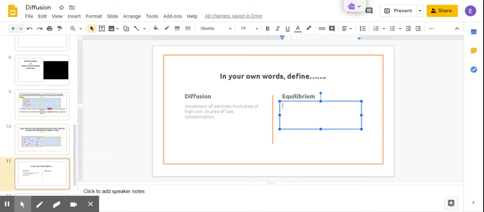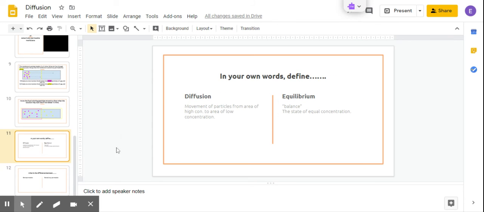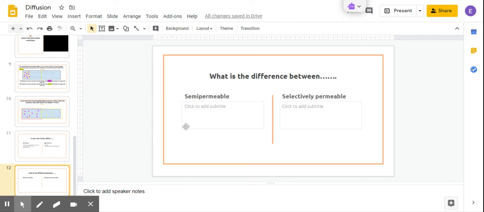And equilibrium, you can say that this is balance, the state of equal concentration. Okay, work that way. Something in your own words, right? I can tell when you guys Google, surprisingly.